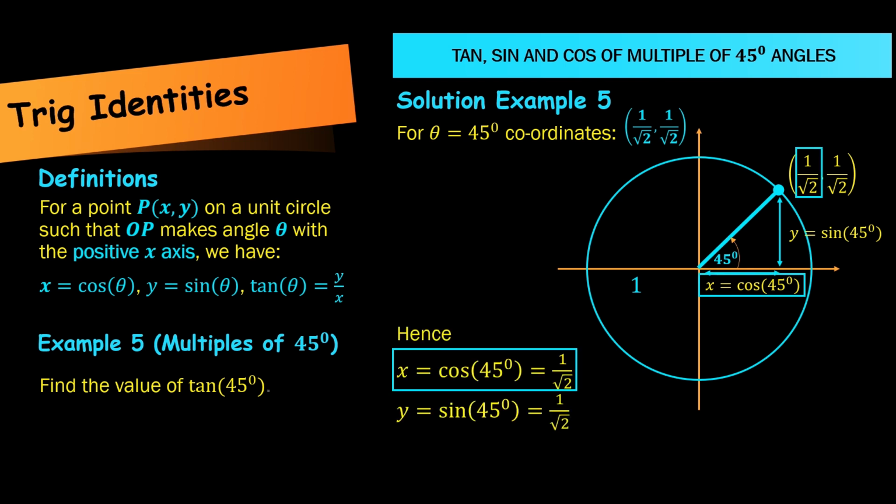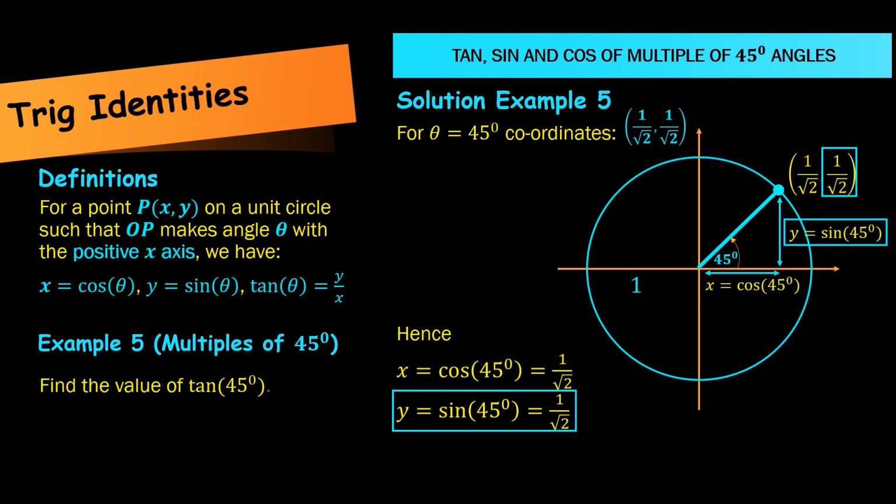So x equals cos 45 degrees from the definition, and x equals 1 over root 2 from the diagram, and y equals sine 45 degrees from the definition, and this equals 1 over root 2 from the diagram.